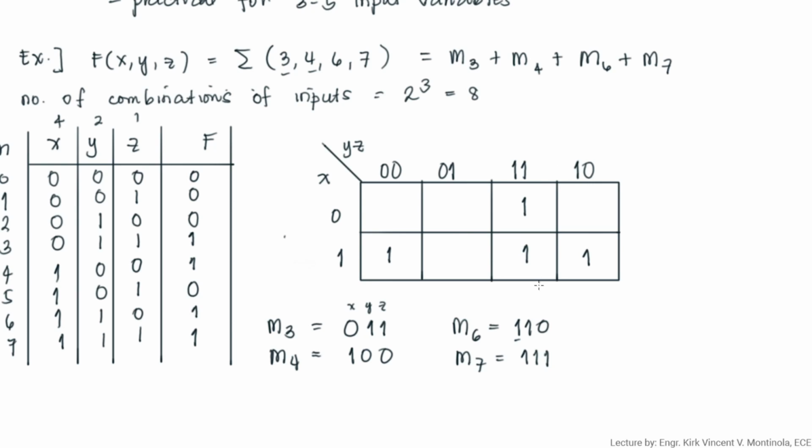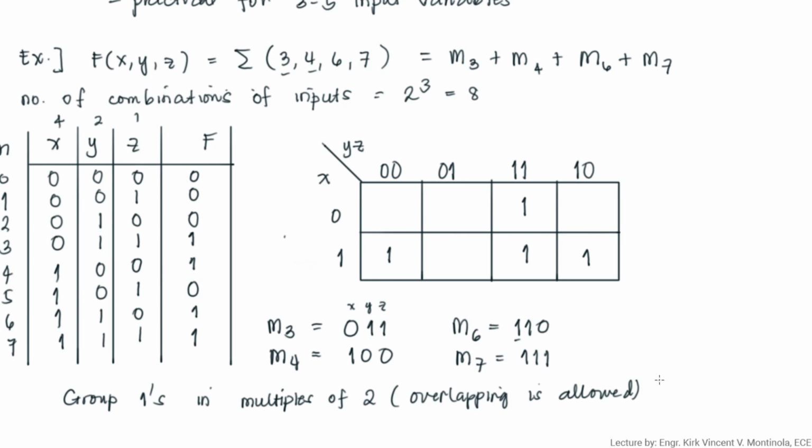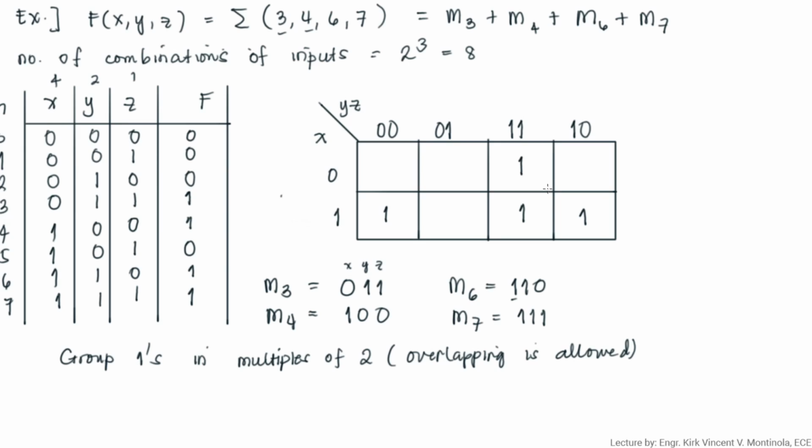Okay. Now what we are going to do is to group or put circles or encircle or put a rectangle to the groups of 1s. So group ones in multiples of 2. Okay, then overlapping is allowed. Okay, what we're going to do is to group the ones in multiples of 2.